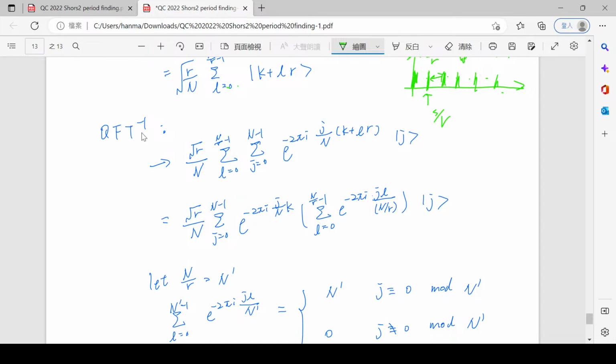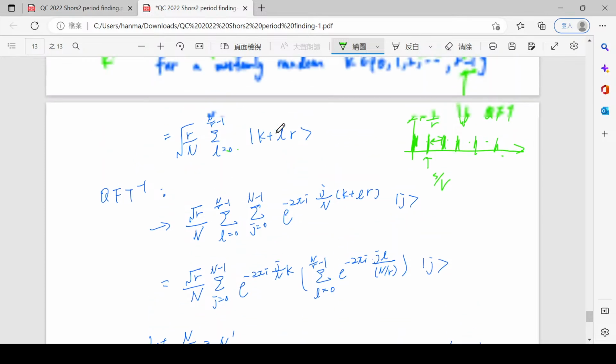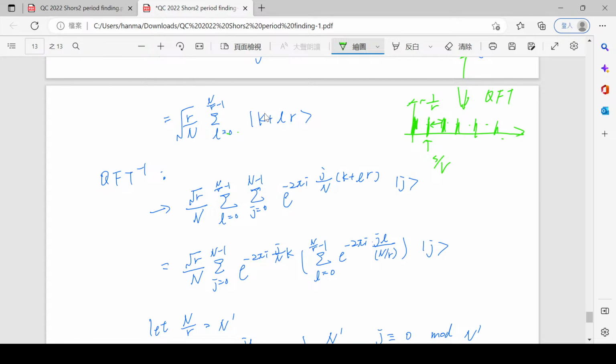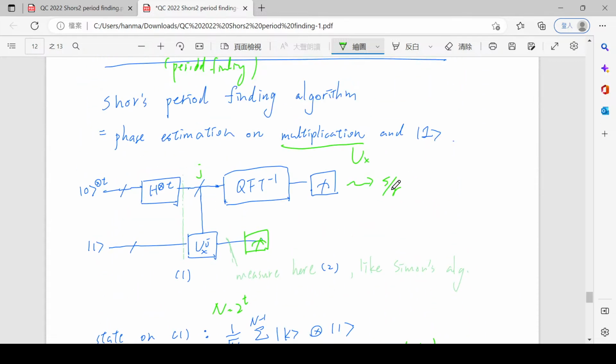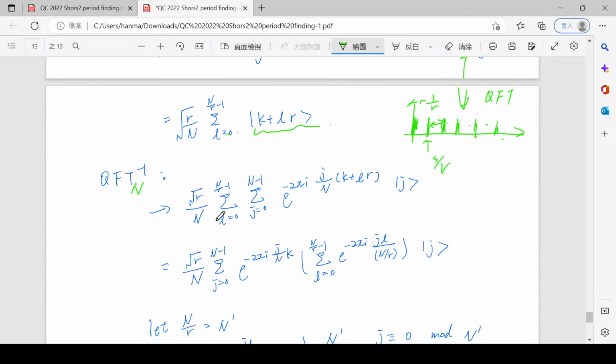Then we basically need to do math. It's not too bad. We need to do QFT minus 1, and so we just use our favorite formula, where we see a computational basis state and we know what QFT or QFT minus 1 does. This state should get turned into a summation over other computational basis states, where 2 to the t equals n.